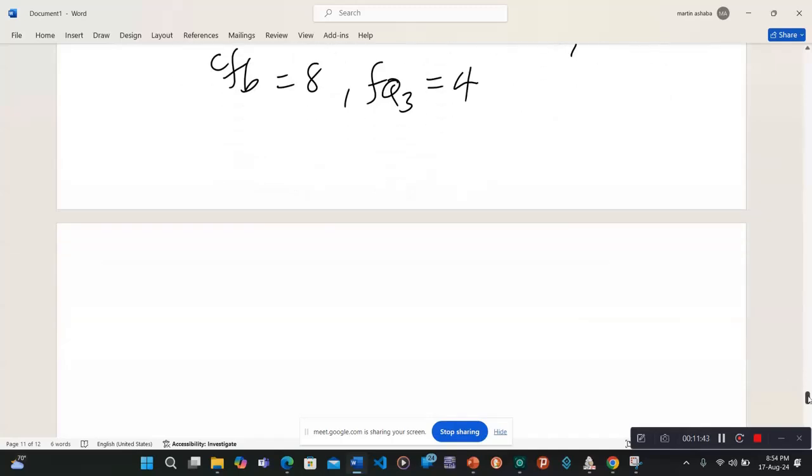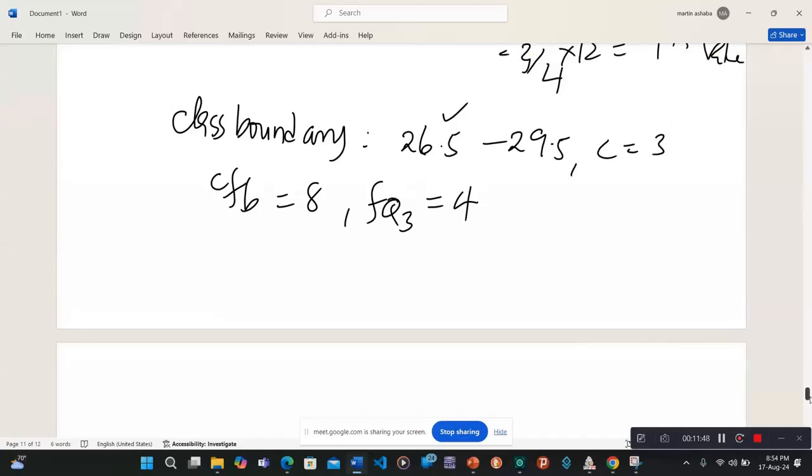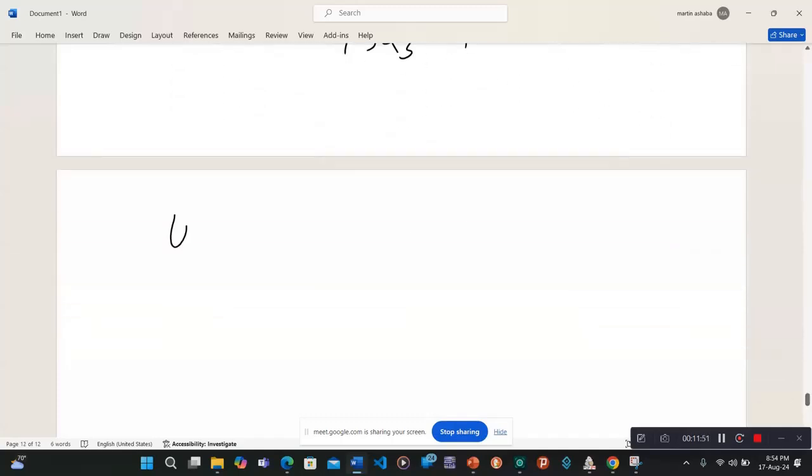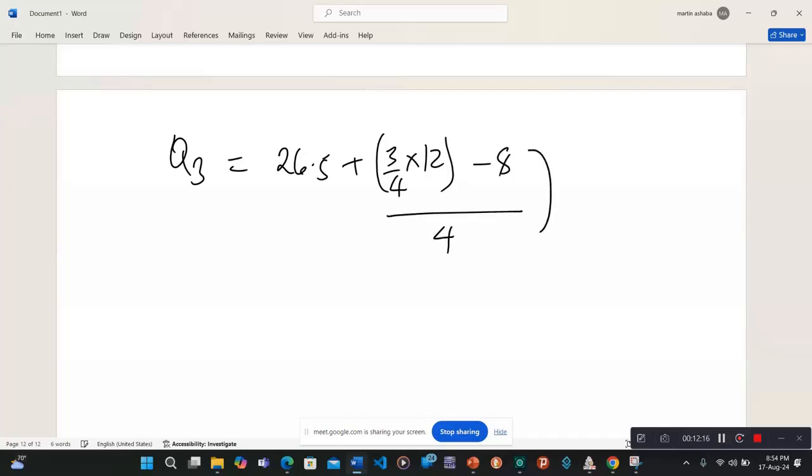So now our L is this, L3. So Q3 will therefore equal 26.5 plus 3 out of 4 times 12. We said this is 9, but we are taking away the cumulative frequency before, which is 8, divided by 4, which is the frequency of the third quartile class, times 3.